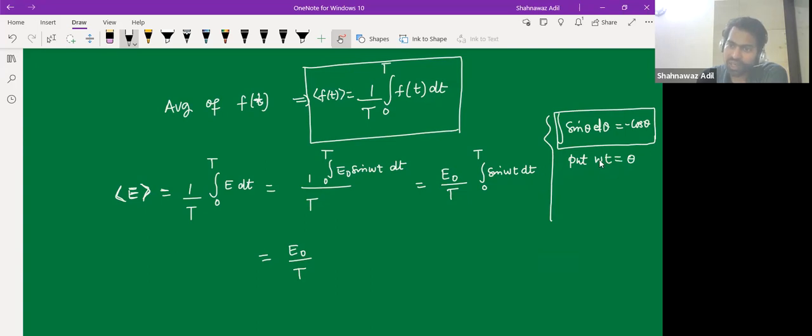So if I calculate dt by d theta, this t is a variable, this is theta, right? If I calculate that, then omega would be outside. This is omega dt by d theta and then d theta by d theta. Is this part clear? I am taking the differentiation with respect to theta.